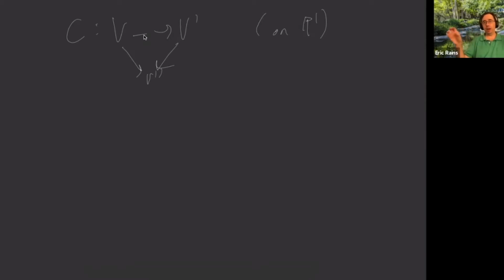V and V prime are vector bundles on P1 with the same generic fiber because we have this meromorphic map between them. So in particular, they're both contained in the same vector space of meromorphic sections, basically. And so we can take their sum inside that.